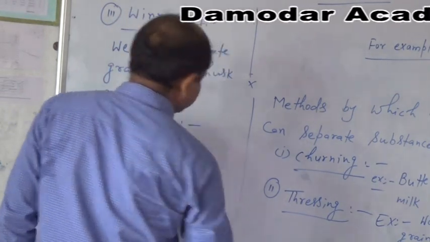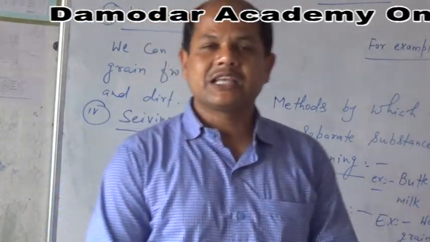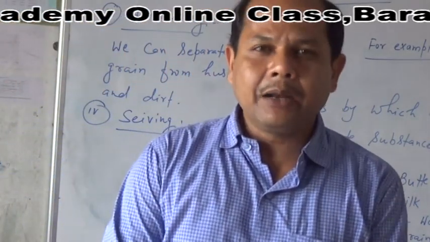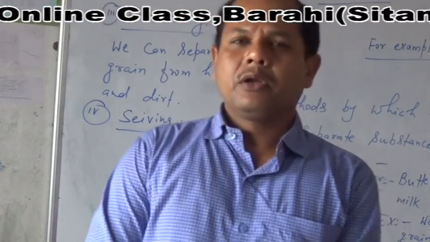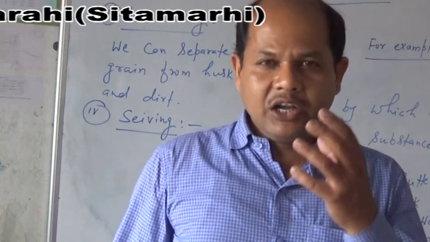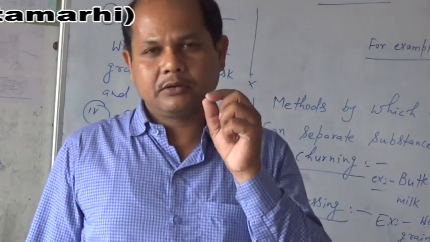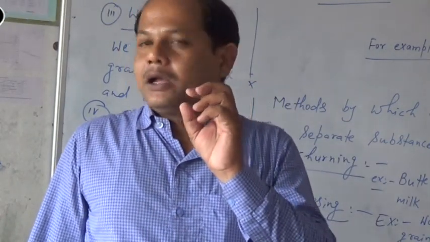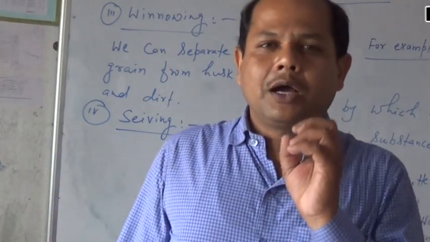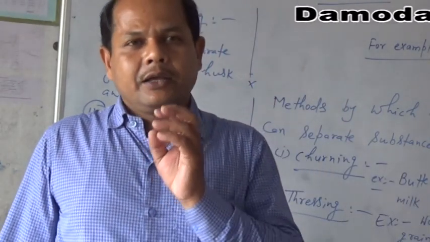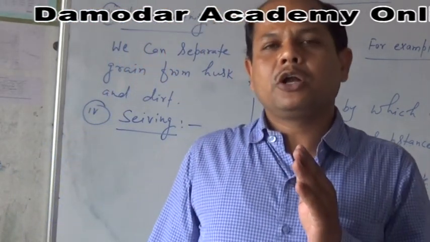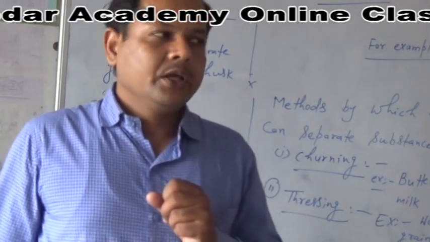Sieving is the process by which we can separate light or fine particles from big particles. If we want to take out bran from flour, we can easily do it by sieve or the sieving method.